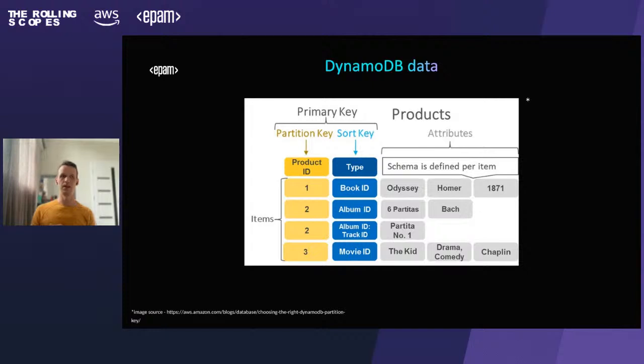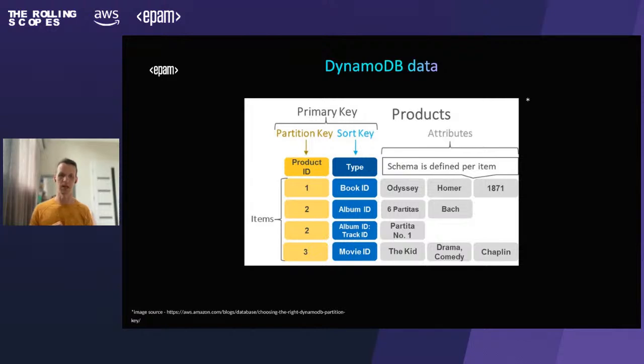And the best thing about it is that whenever your application grows and you would like to implement some additional functionality, you don't need to think about the relations between your tables. You can just add one more attribute, or whichever you want, and just use them. Whenever an item does not have this attribute, it would just give you null, as I remember, but actually we may try to check it today once again.